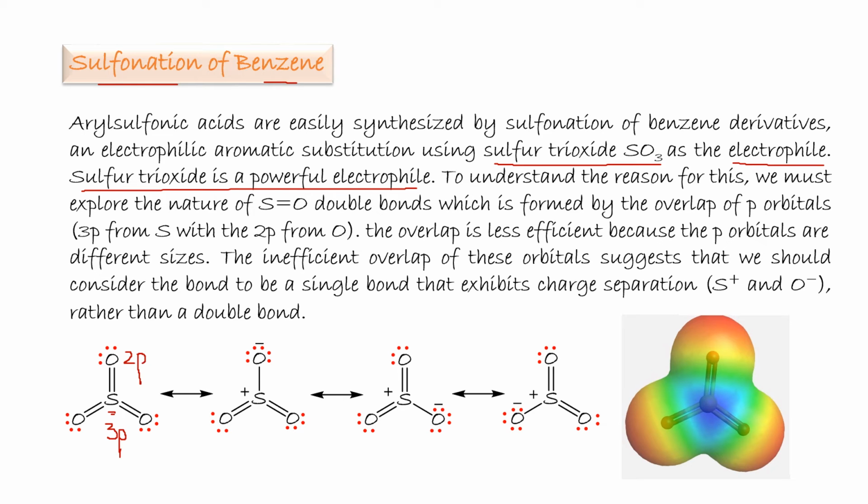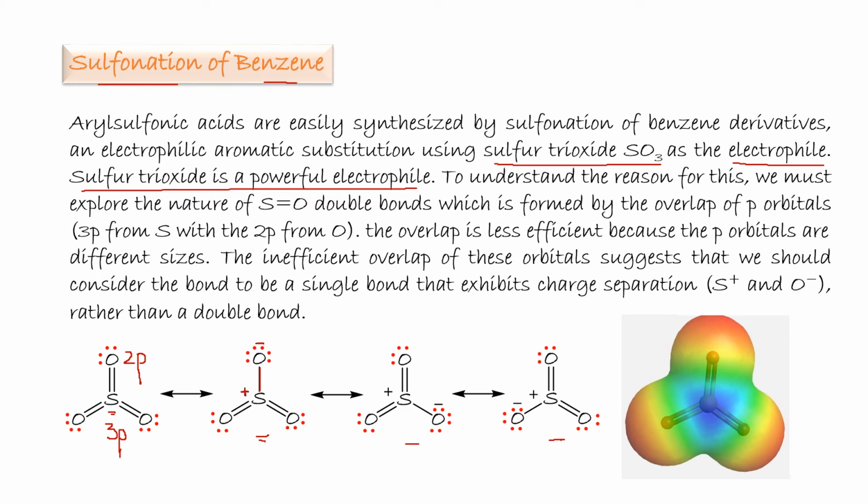Difference in size makes the overlap of the p orbitals not complete. So we say that sulfur trioxide is present in the resonance structure, as you can see here, where sulfur has a positive charge and oxygen has a negative charge, and here a single bond.